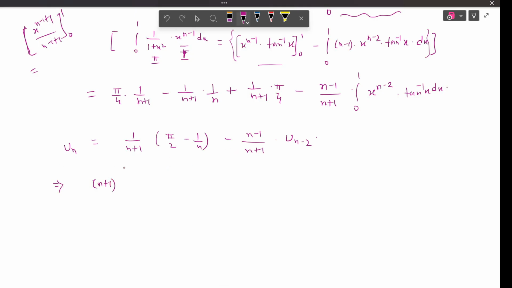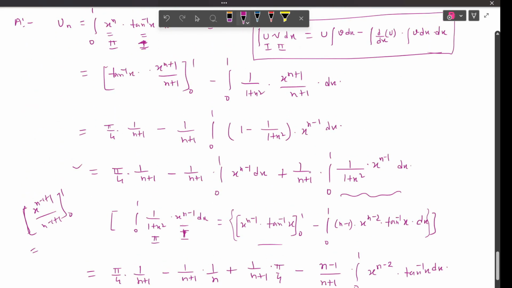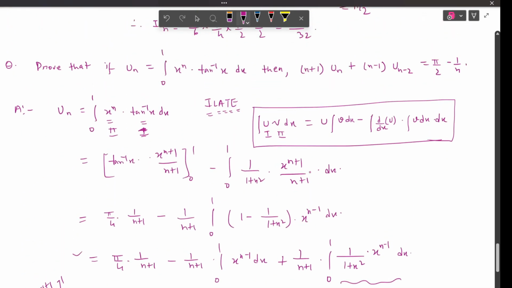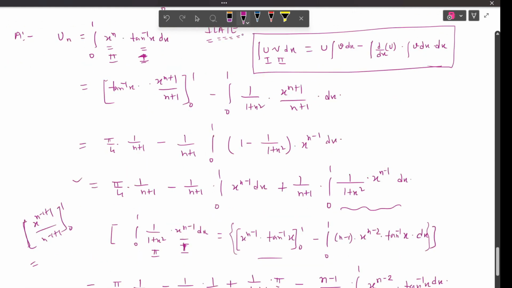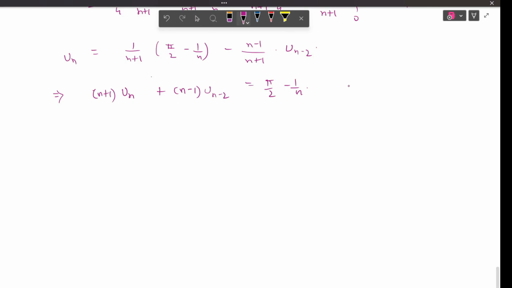If we multiply n plus 1, u of n plus n minus 1 u of n minus 2 is pi by 2 minus 1 by n. That's all we have to prove, right? There is a thing we have to prove. So hence it is proved.